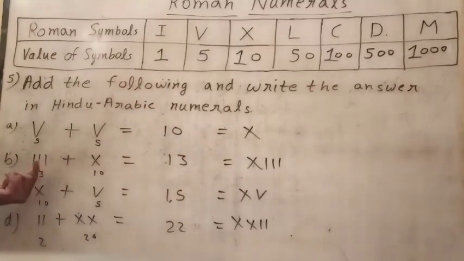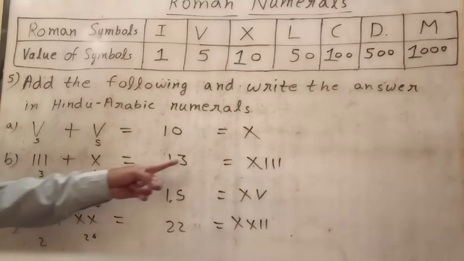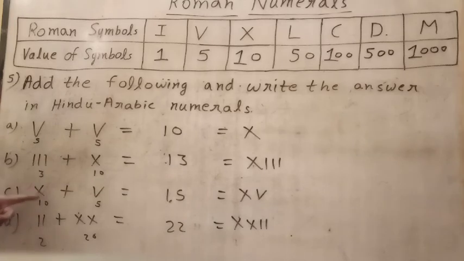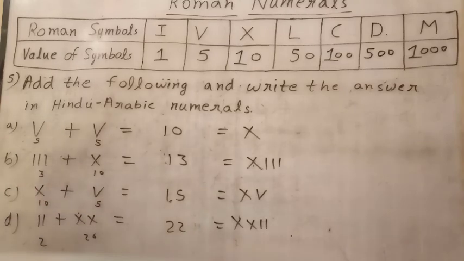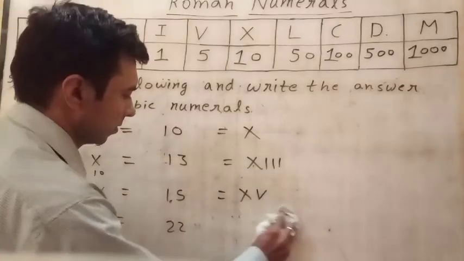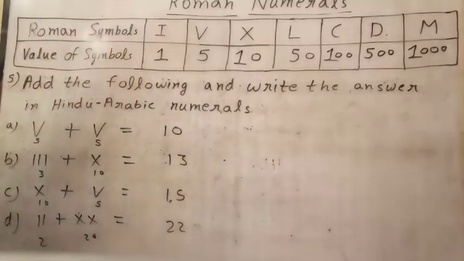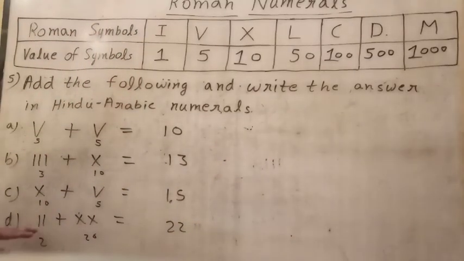See, I 1 plus 1, 2, 2 plus 1, 3, 3 plus 10, 13. Value of X is 10, value of V is 5, 15. I plus XX: I 1 plus 1, 2, 10 plus 10, 20, 22.